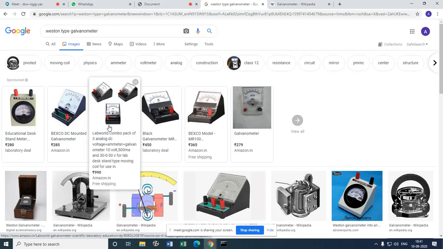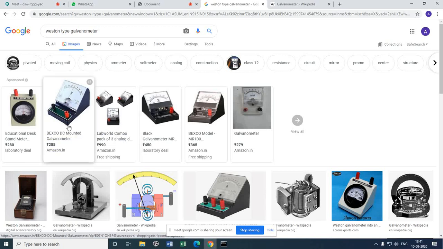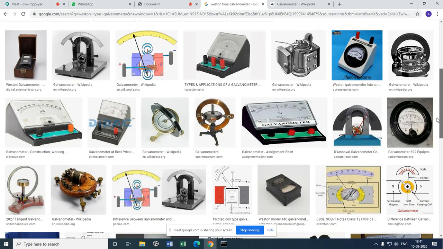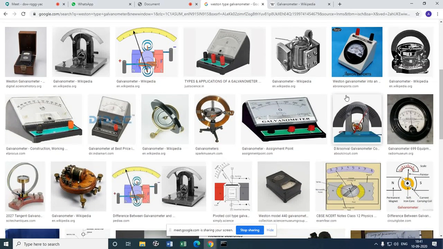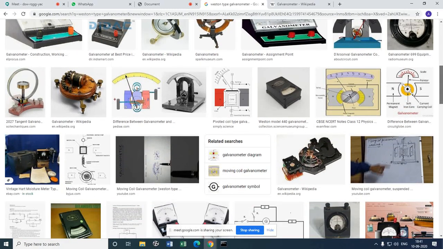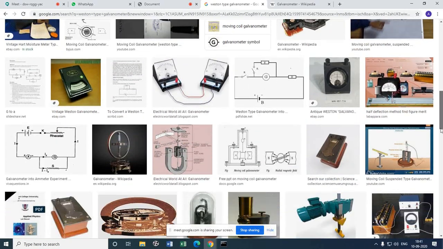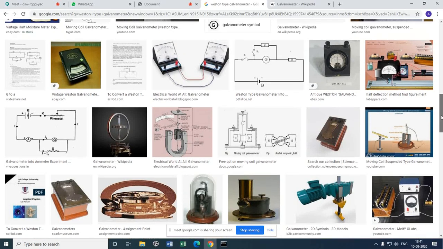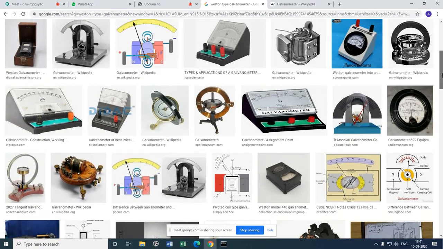I'm looking for a good picture here, but not a single good picture is present.